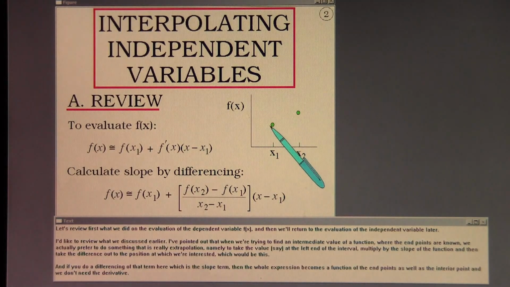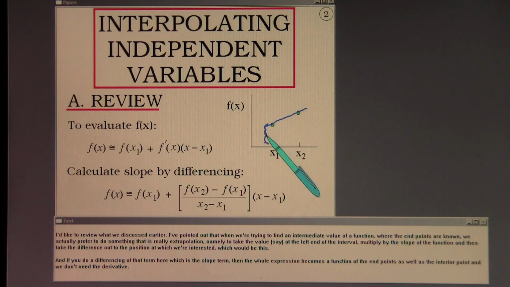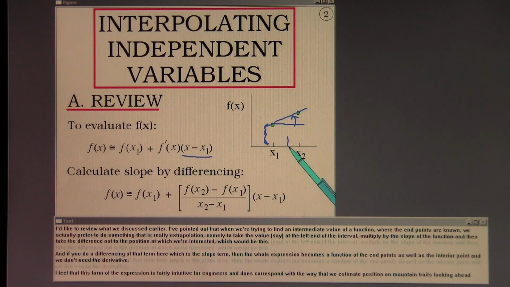I've pointed out that when we're trying to find an intermediate value of a function where the endpoints are known, we actually prefer to do something that is really extrapolation, namely to take the value, say, at the left end of the interval, multiply by the slope of the function, and then take the difference out to the position at which we're interested, which would be this.